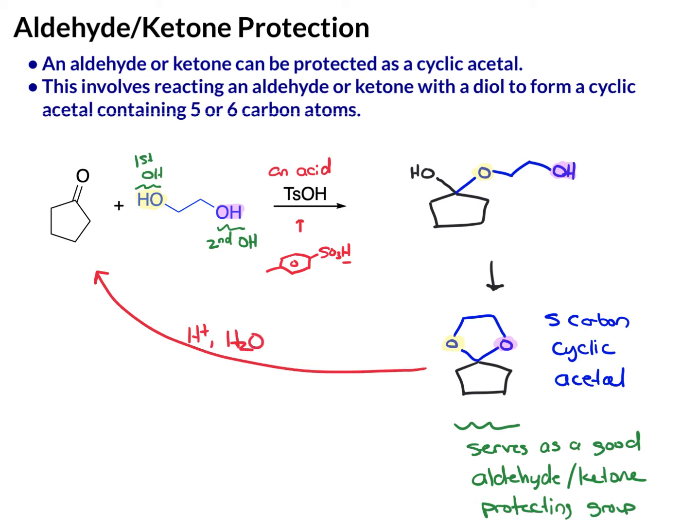And effectively, adding the water breaks this acetal apart and does what's known as a hydrolysis, and it essentially does the reverse reaction. So this is effectively the deprotection step.